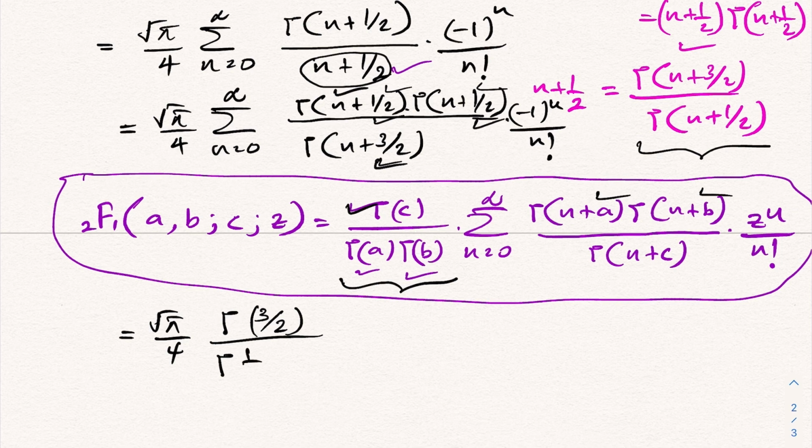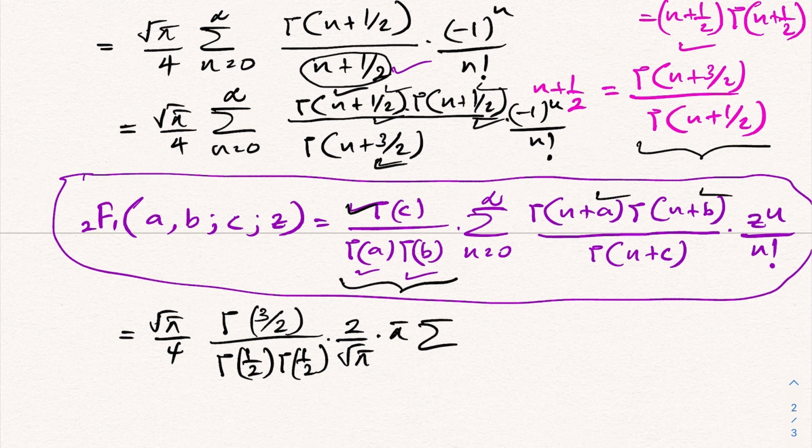So gamma of 1/2, gamma of 1/2. Now we know gamma of 3 over 2 is equal to square root of pi over 2. So I'm going to multiply by 2 over square root of pi. And gamma of 1/2 we know is square root of pi. Square root of pi times square root of pi we know is pi. So I'm going to multiply by pi.